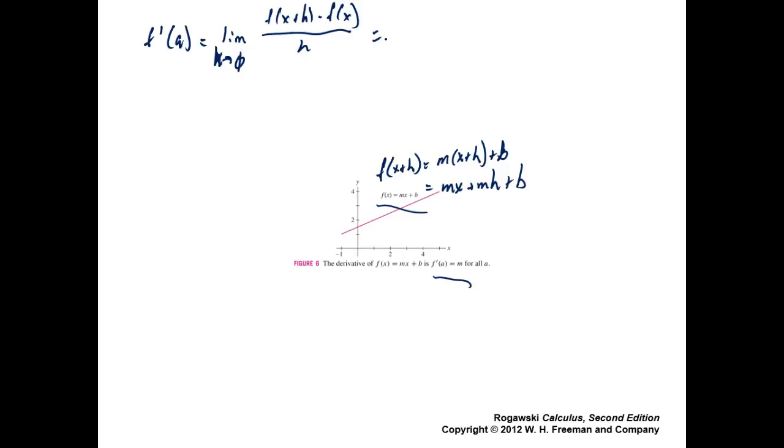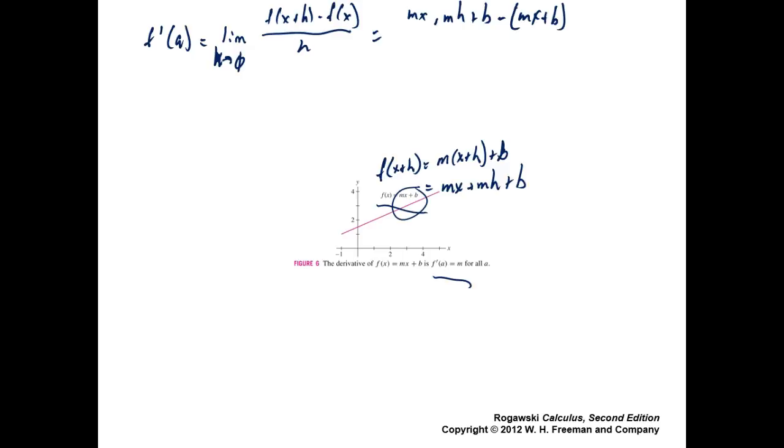I'm going to leave off the limit for now. The f of x plus h would be mx plus mh plus b minus f of x. Well, here's f of x right here. So that'd be minus mx plus b, right?